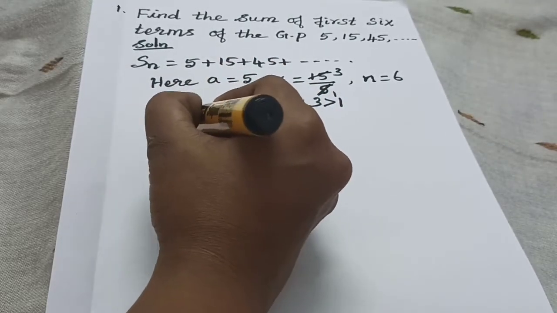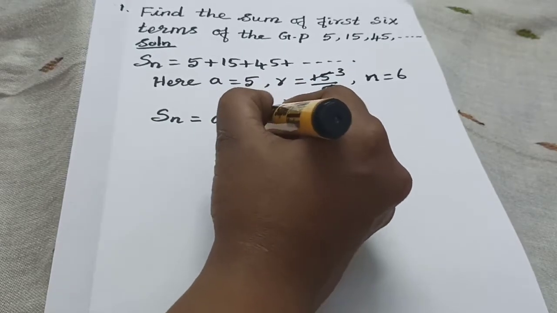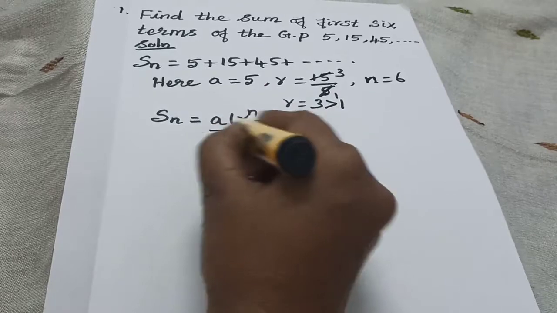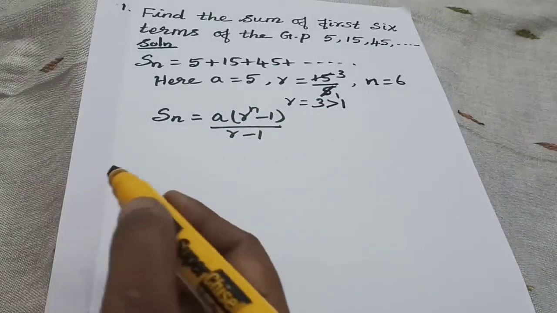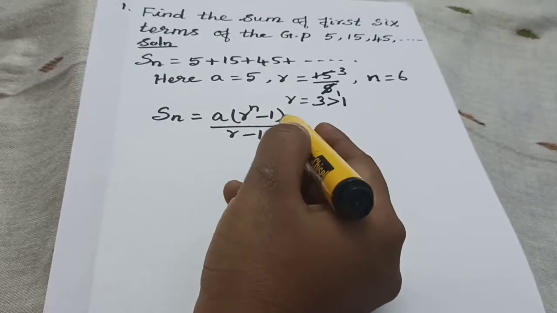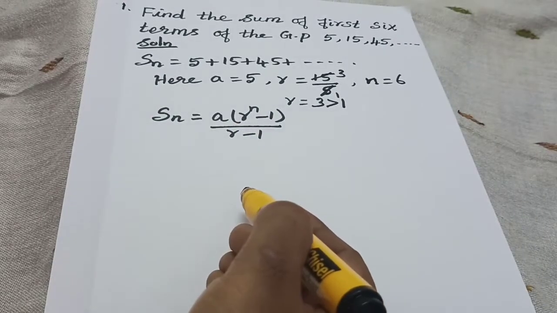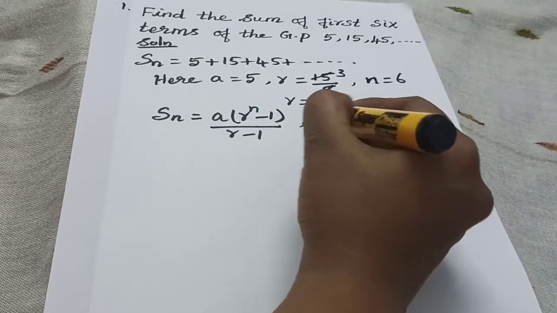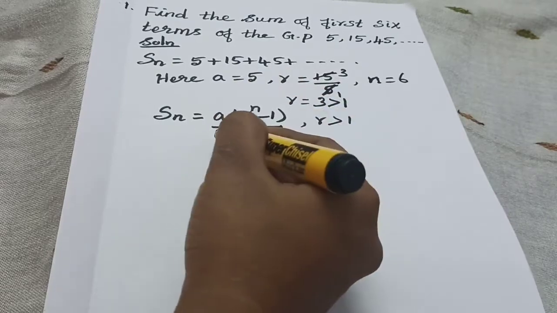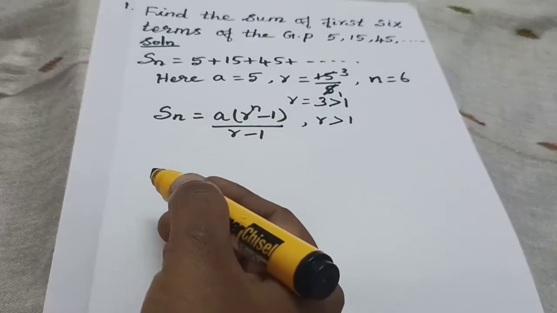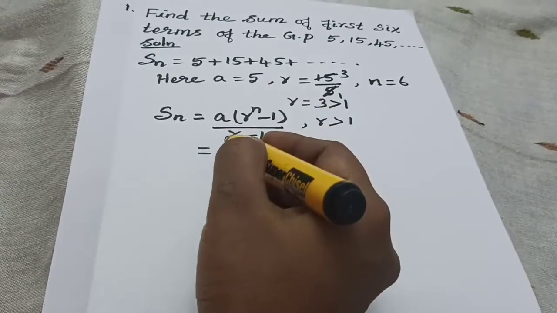Sn equal to a into r power n minus 1 divided by r minus 1. When r is greater than 1, we have to use this formula. Shall we substitute these values here?